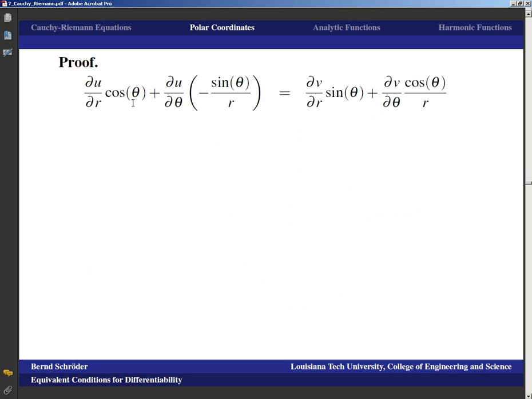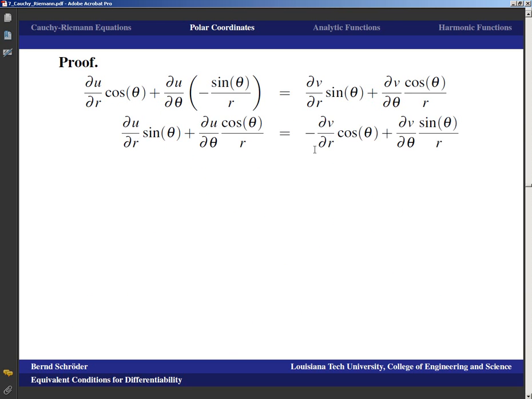We obtain du/dr cosine theta plus du/dθ negative sine theta over r is dv/dr sine theta plus dv/dθ cosine theta over r, and du/dr sine theta plus du/dθ cosine theta over r is negative dv/dr cosine theta plus dv/dθ sine theta over r. Again, just go back to the previous panel and verify that that's just setting the corresponding terms equal to each other. Well, that's a system of equations.